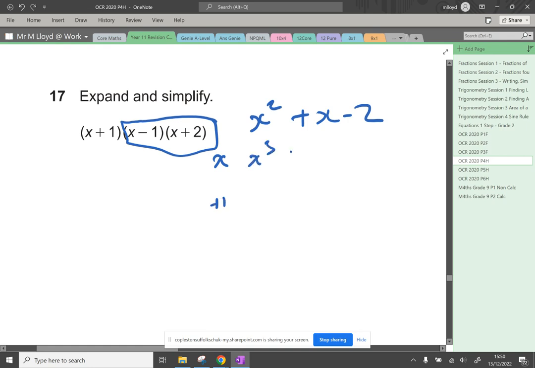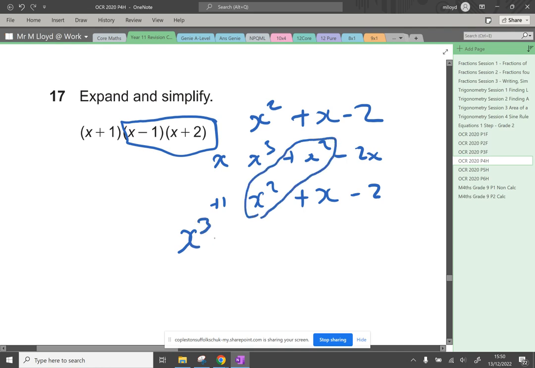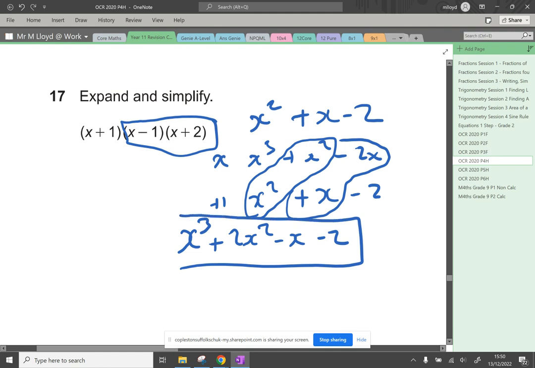So we get x cubed plus x squared, take away 2x, x squared plus x, take away 2. So we have x cubed, in here we have 2x squared, minus 2x plus an x is minus x, and then minus 2. And that's that one expanded and simplified.